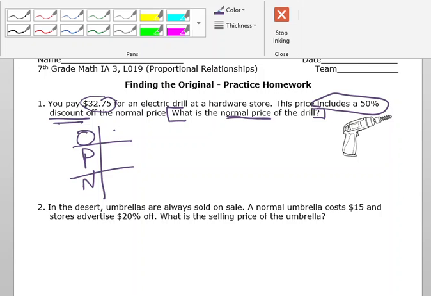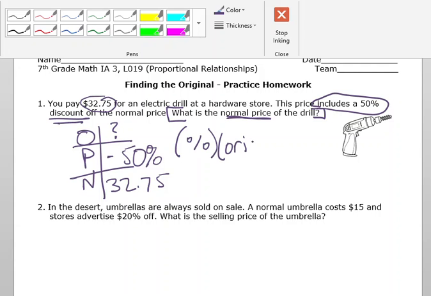My original, I do not know. I know that I had a 50% discount, which is nice. And my new is $32.75. This is a cool one because I could do a lot of this in my head, so I can double check that I'm doing my formula correctly. My percent paid times the original is equal to the new.